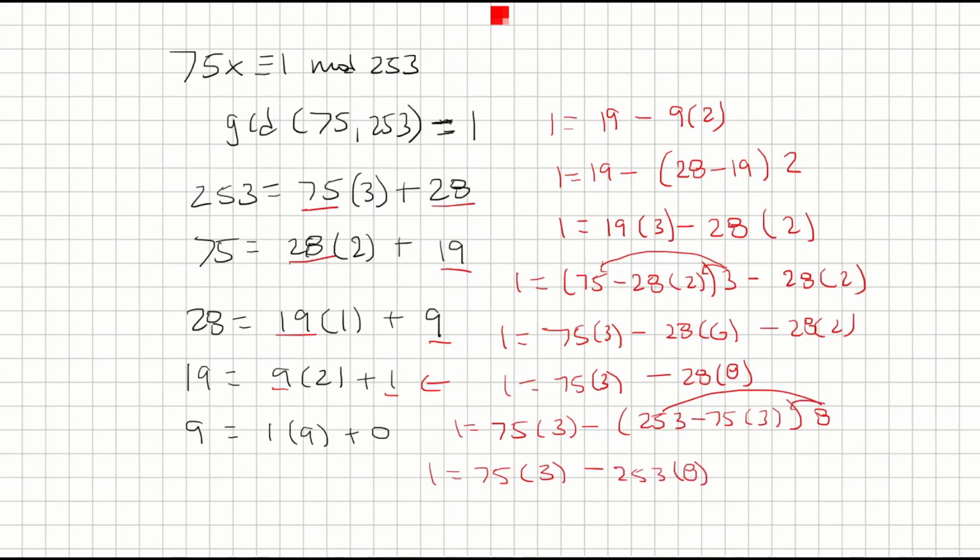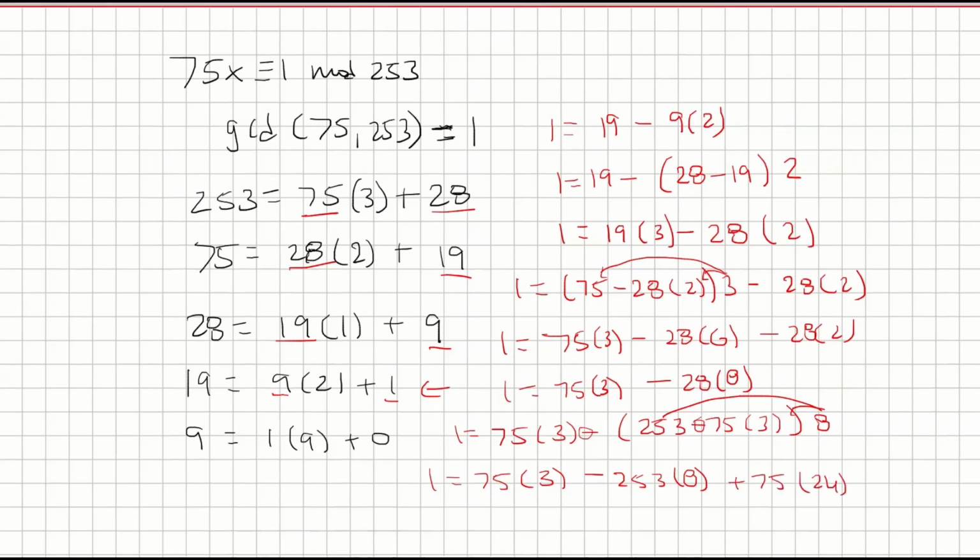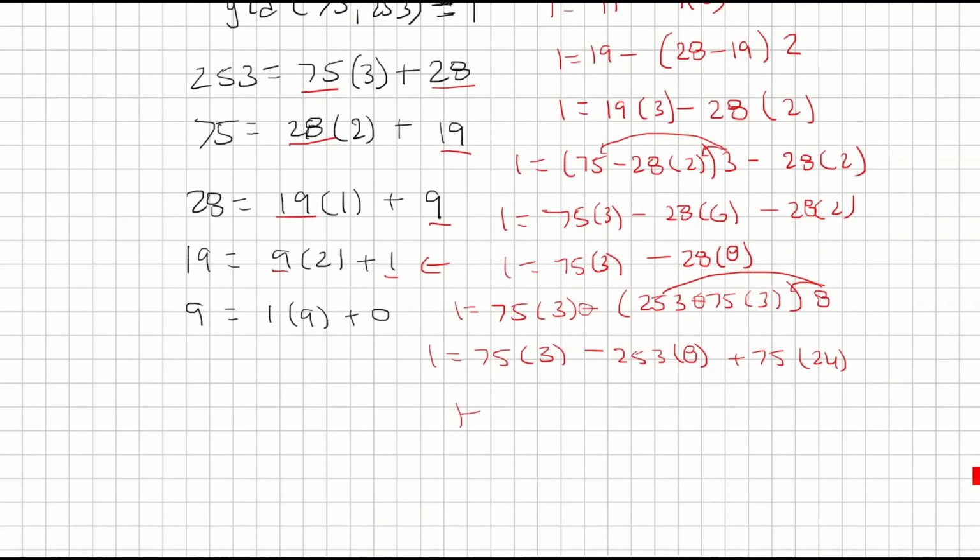And then 75, so 3 times 8 will be 24. But then here I have 2 negatives, so it's going to be plus 75 times 24. So now I can simplify. I have 1 is equal to 75, and then here I have 3 copies of 75, 24 copies of 75. That's going to give me 27 copies of 75, and minus 253 times 8.